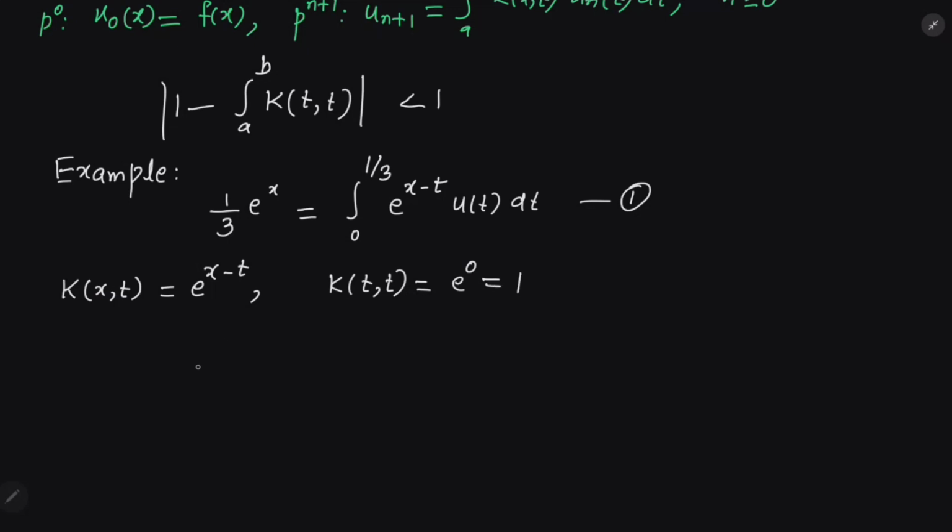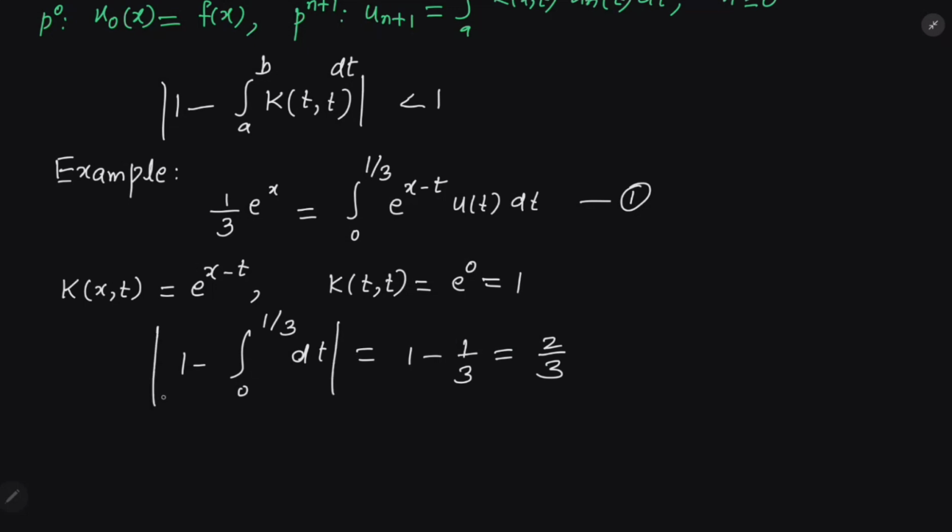And what you do, you basically integrate 1 minus, from 0 to 1, 1 over 3 dt. It should be dt. So what we see over here, 1 minus 1 over 3, this is 2 by 3.